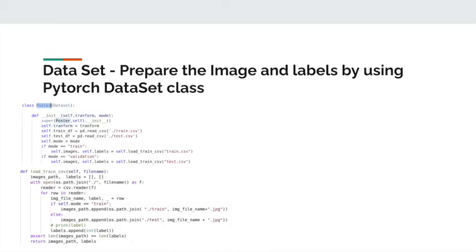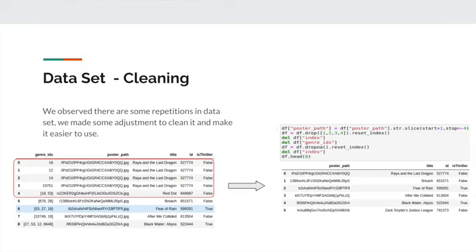Okay, next is how we prepare the dataset class for our training. Basically we inherit the Dataset class from the PyTorch framework, do some data splitting, and read the CSV to get all the information, making it usable by the PyTorch DataLoader.